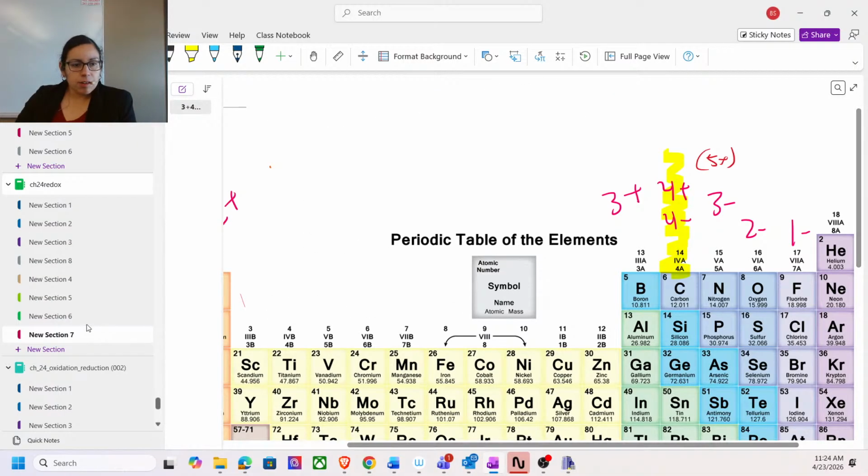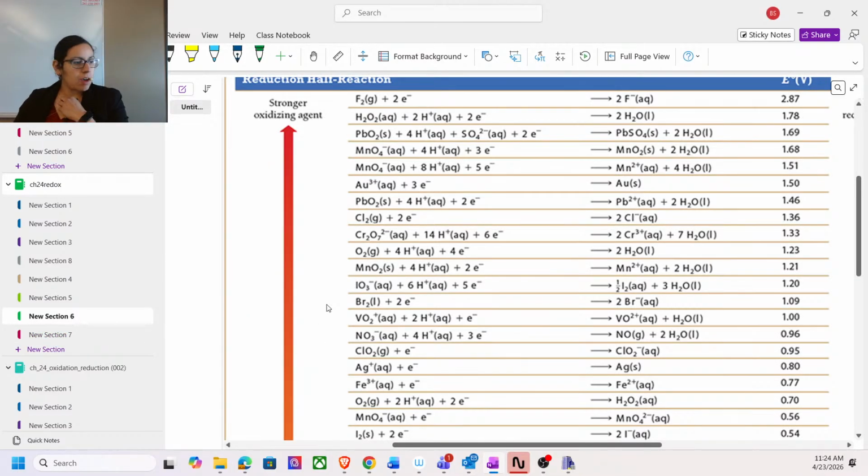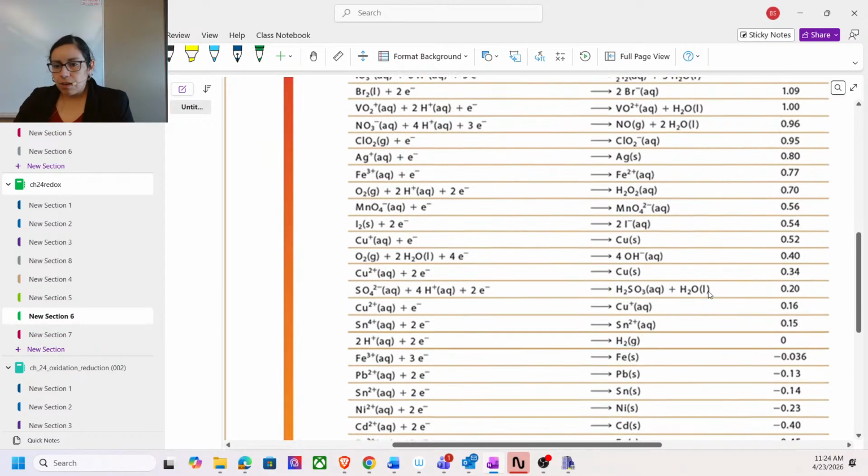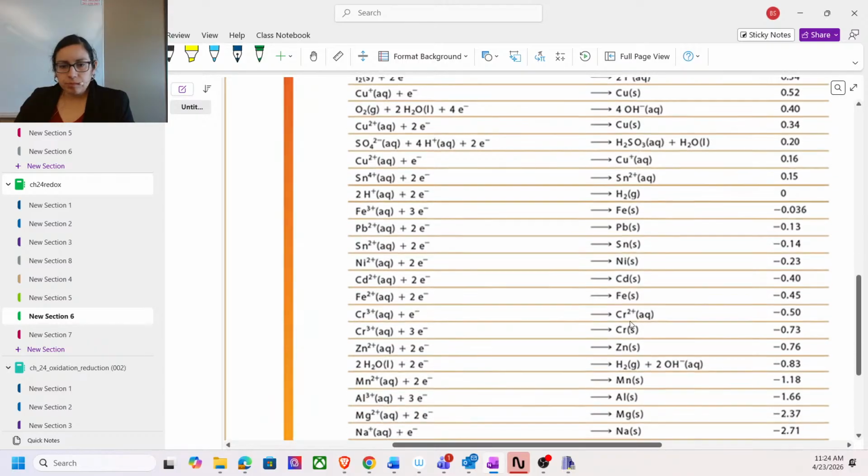And so now let's look at our standard reduction potentials together. So let's see if I can find it. So here's our reduction, and we know it's a reduction of water since they're on the same side here: 2 equivalents of water plus our 2 electrons.